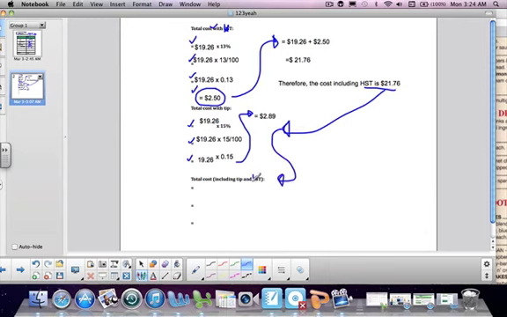What is that? HST. Okay, so we're going to take our $21.76, which is our total cost with the HST, and to that we're going to add $2.89.